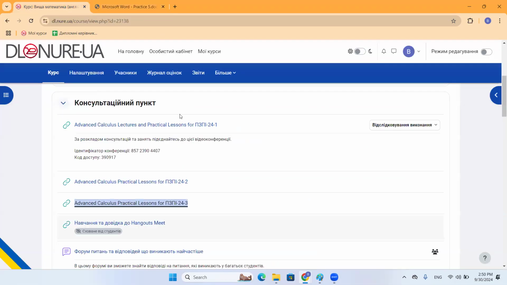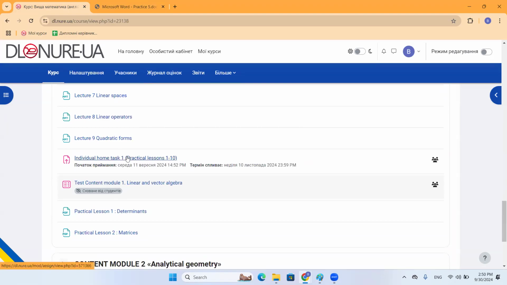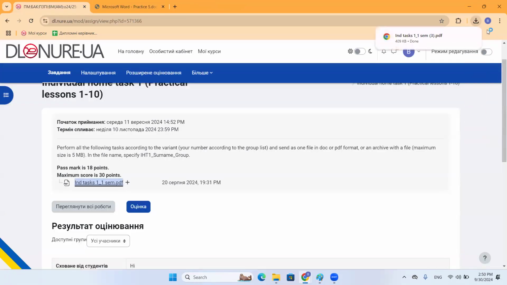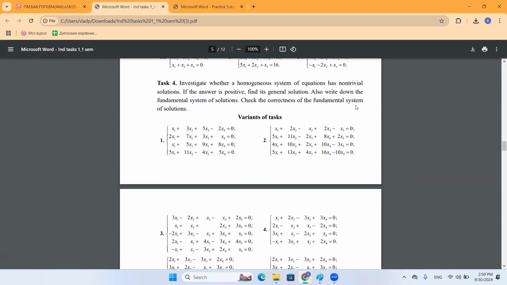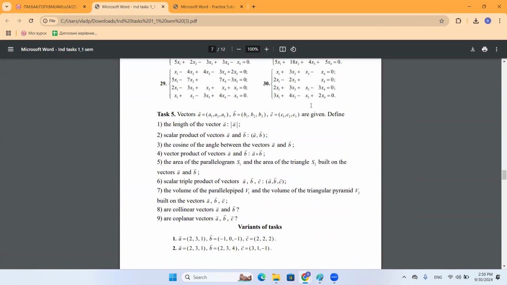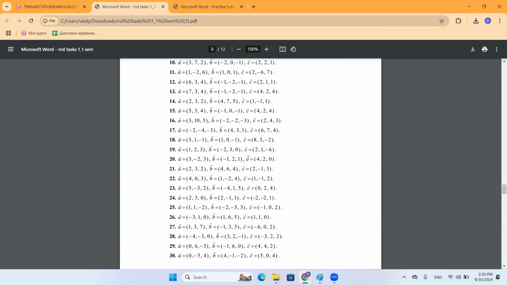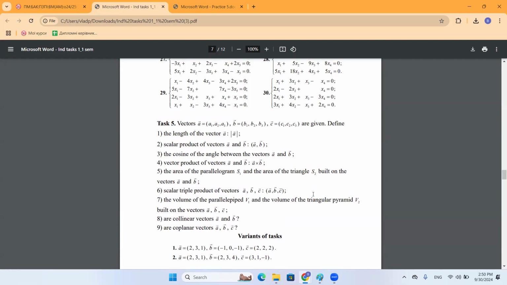And also, you can continue solving your individual tasks for other practical lessons related to vectors. No, now it's not. After the next lesson, it's okay to start individual tasks, because here are products of vectors, so don't hurry with it. I will share these tasks with you, and you will continue.